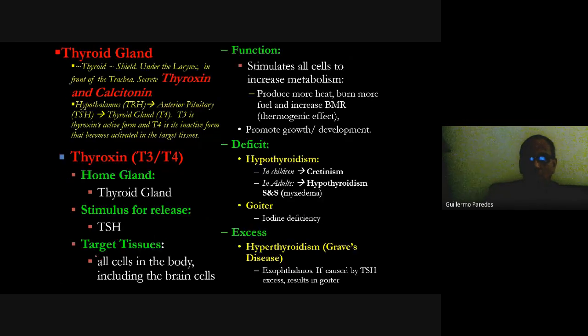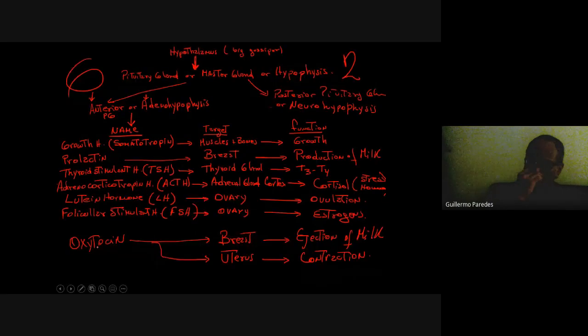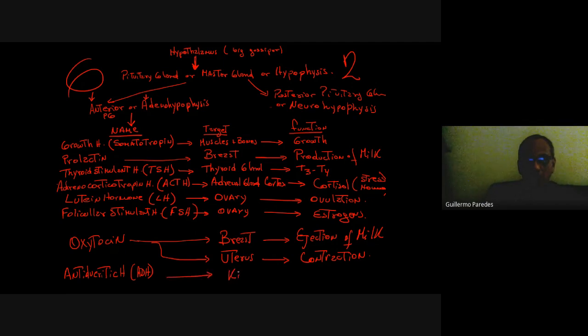And the other hormone, the last one, is the antidiuretic hormone. The antidiuretic hormone is called the ADH. The target organ is the kidney. And what is it going to do? Reabsorb water.